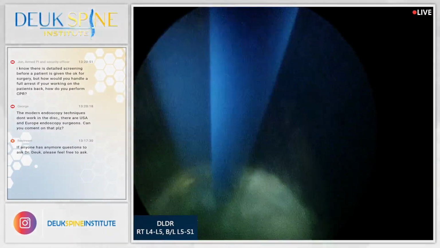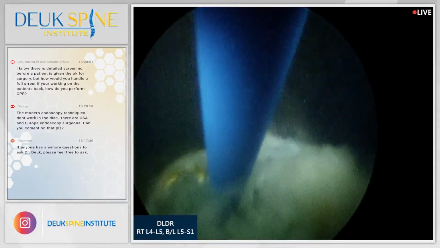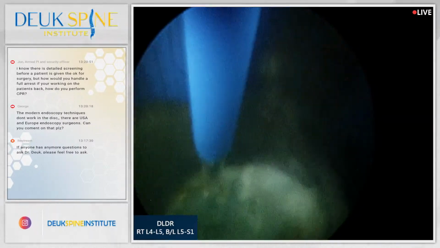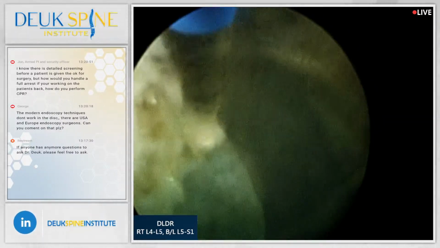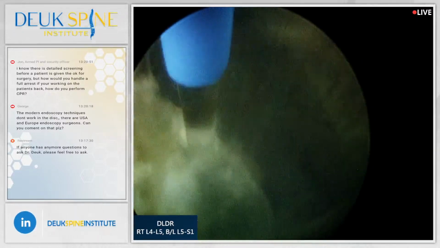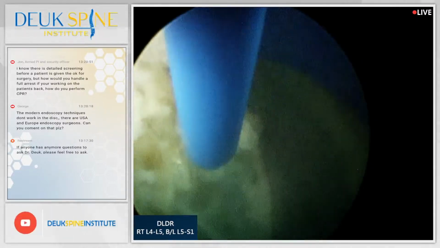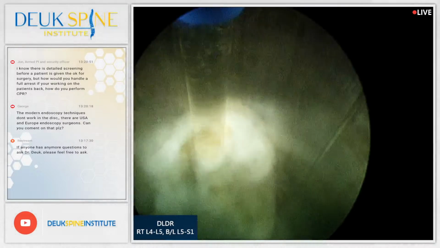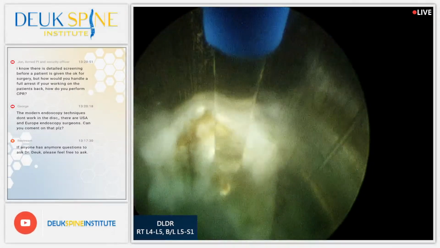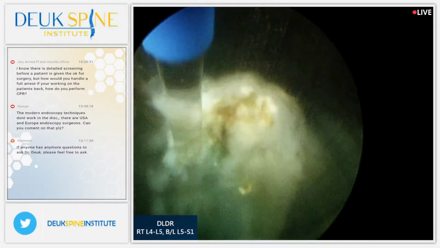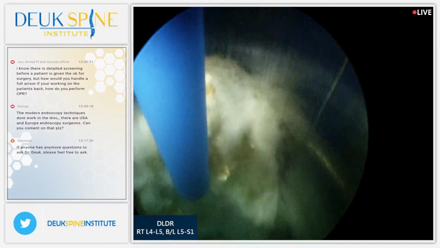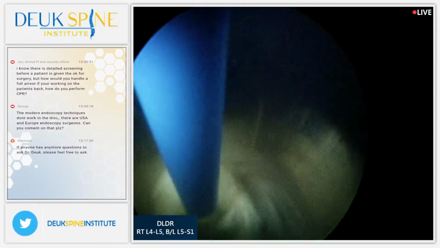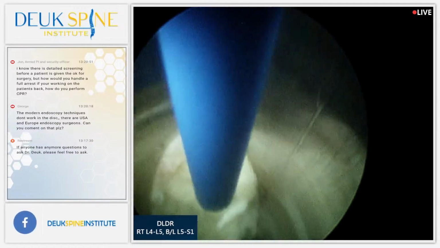Every surgery center and every hospital in America and the rest of the world is supposed to be ready to run a code on a patient who's having surgery. So we train for it, we prepare for it, and hope to God that we never have to do it. Great question. And at this moment, no current questions.